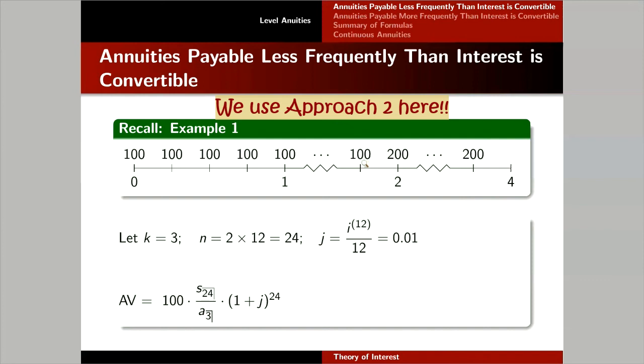What about the second set of annuity, the payments of 200? Again, this is an annuity due. So the value of this 200 at this point is equal to 200 S angle 24 over A angle 3.